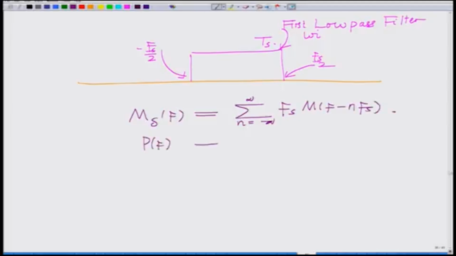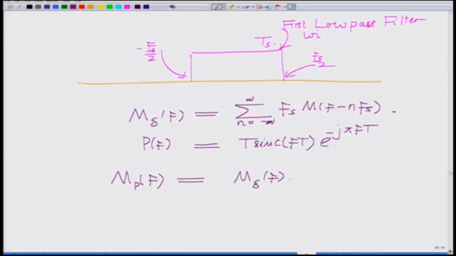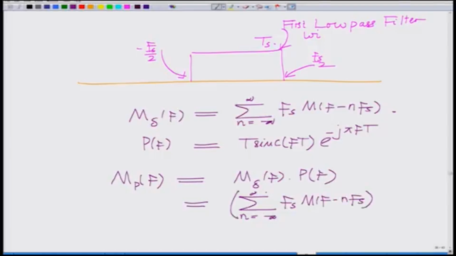P f we know that is basically T sinc f T e to the power of minus j pi f T, and therefore M P of f, that is the response of the pulse amplitude modulated signal, that is M delta f times P f, which is basically the summation n equal to minus infinity to infinity Fs M of f minus n Fs times e to the power of minus j pi f T.